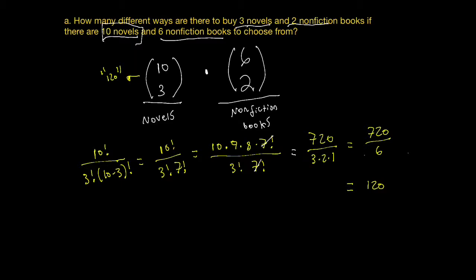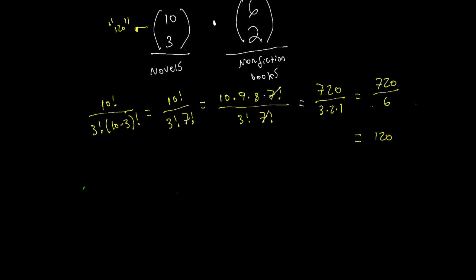Now we have to do the same for the nonfiction. So we have to calculate 6 choose 2. Here I get 6 factorial over 2 factorial times 6 minus 2 factorial. So we get 6 factorial over 2 factorial, 6 minus 2 is 4, and we get 4 factorial. We're going to expand the 6 all the way down to 4 factorial, so 6 times 5 times 4 factorial.